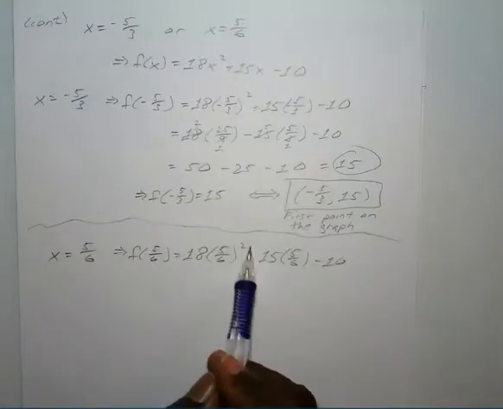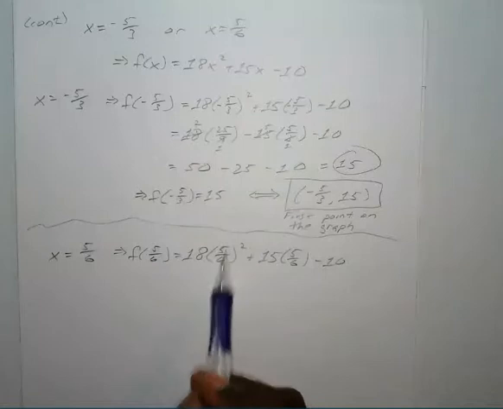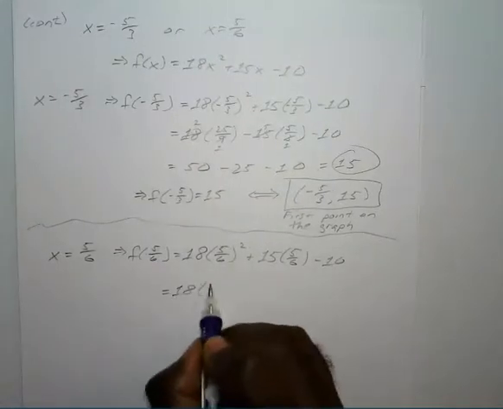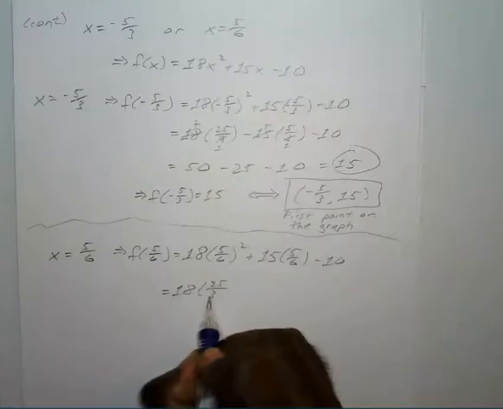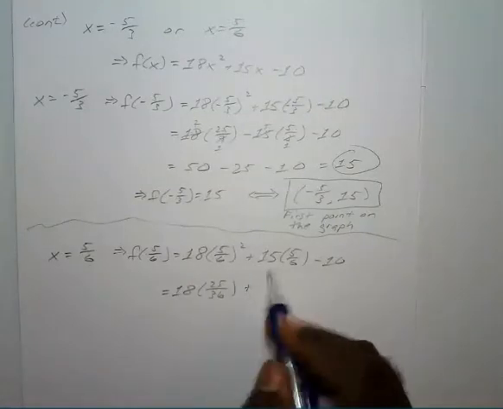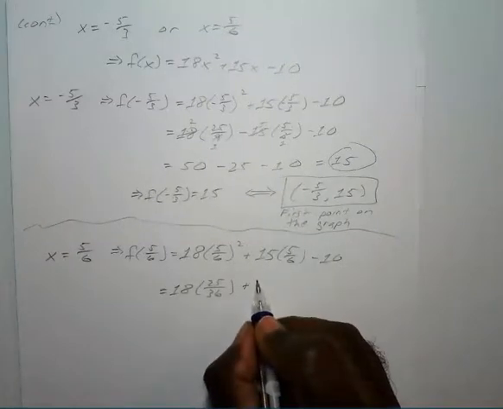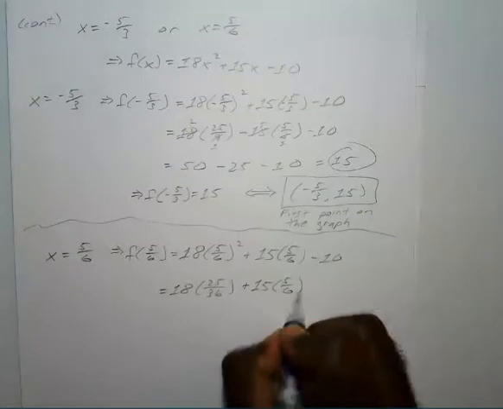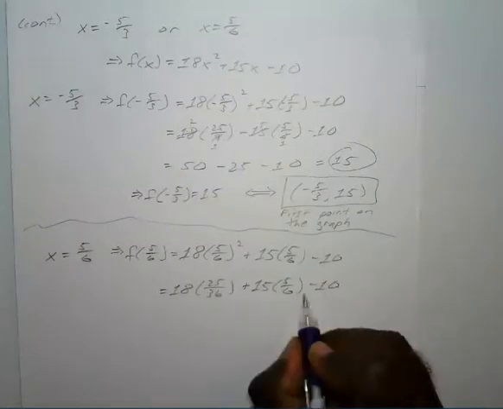Okay, so 5 over 6 squared is 5 over 6 times 5 over 6, so that's 18 times 25 over 36 plus 15 times 5 over 6 minus 10.